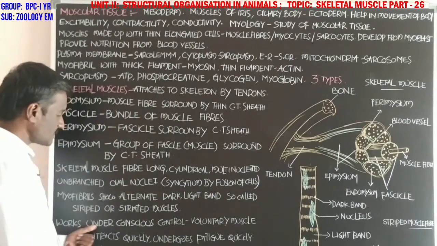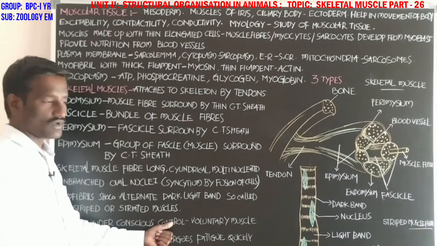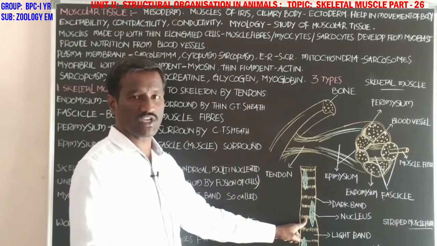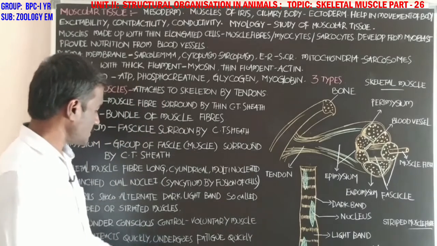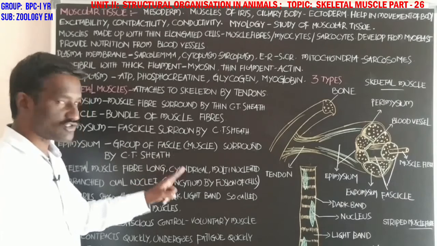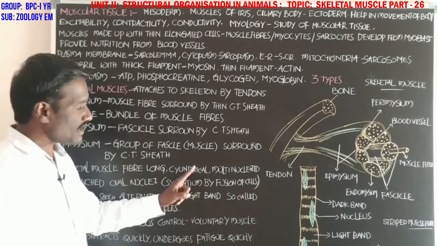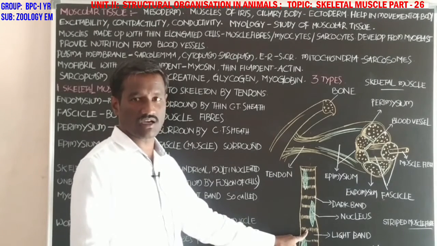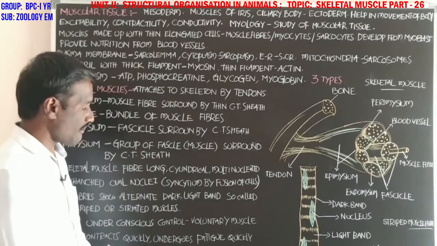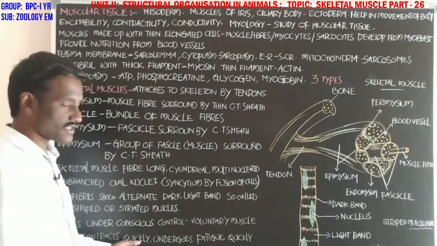Next, works under conscious control. This muscle works under the conscious control of the individual, hence it is also called voluntary muscle. Next, contracts quickly.